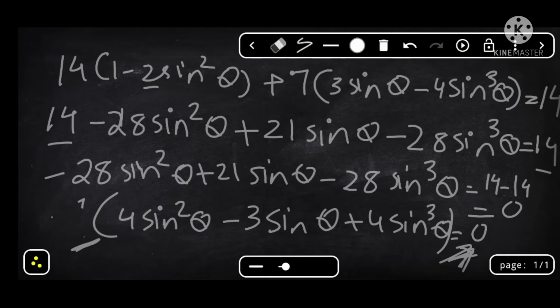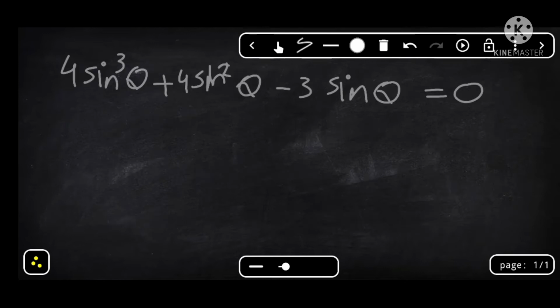So this is going to be 0 divided by minus 7, that is 0 itself. So I have just arranged it in an order like cube, square and sine theta.